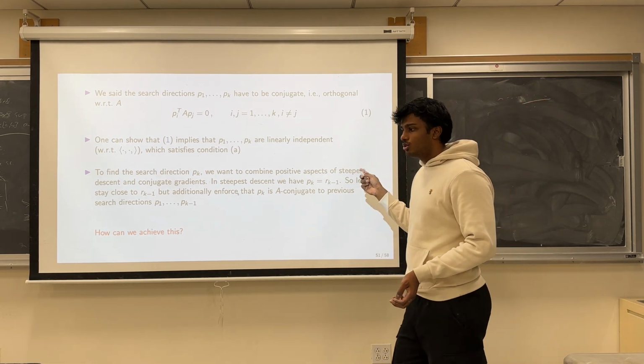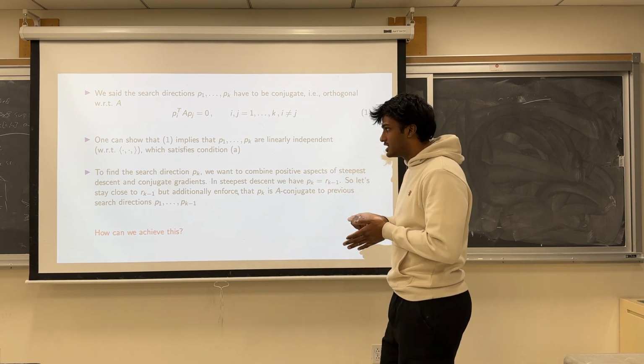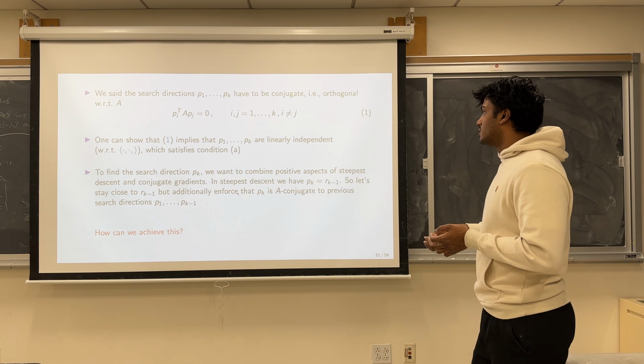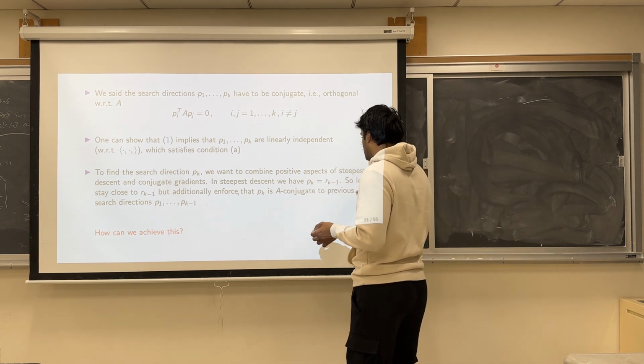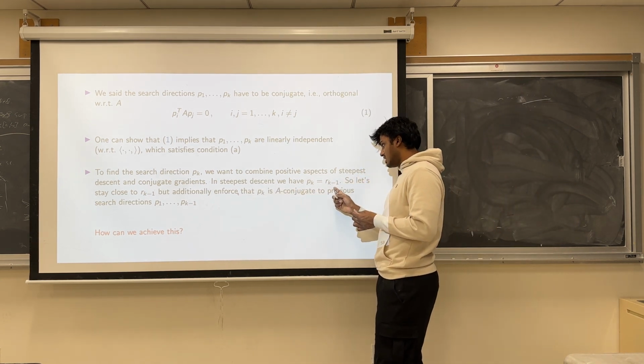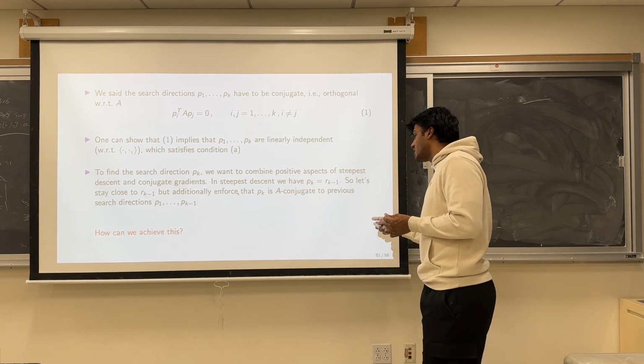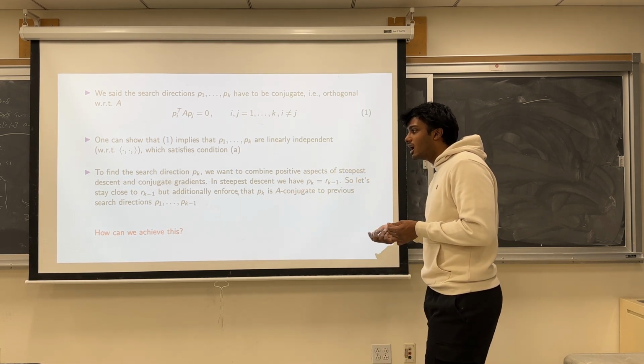But here we don't do that because we want our new direction to be A orthogonal to previous ones too. So we stay close to the residual, but we also enforce that pk is A conjugate to previous search directions. How can we do that?